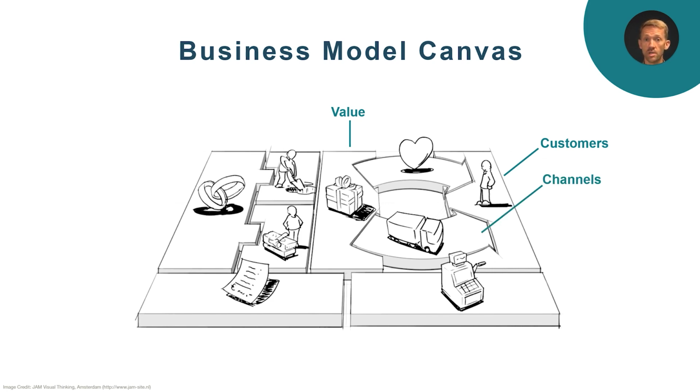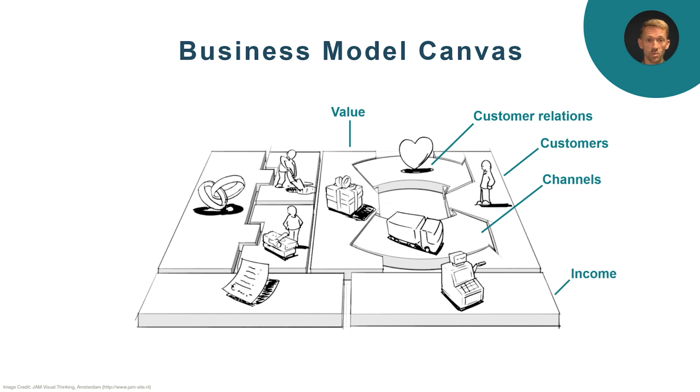Channels describes how the organization delivers value to the customers, encompassing both sales, communication, and distribution channels. The next part is about customer relationships, and this explores the nature of the relationship an organization maintains with the customer, ranging from personalized service in a physical store to more impersonal interactions through, for example, online platforms.